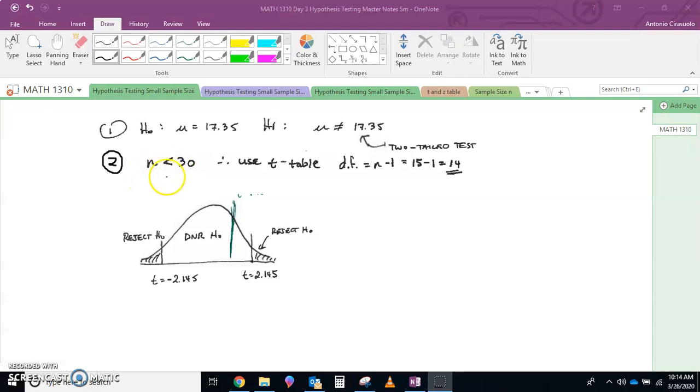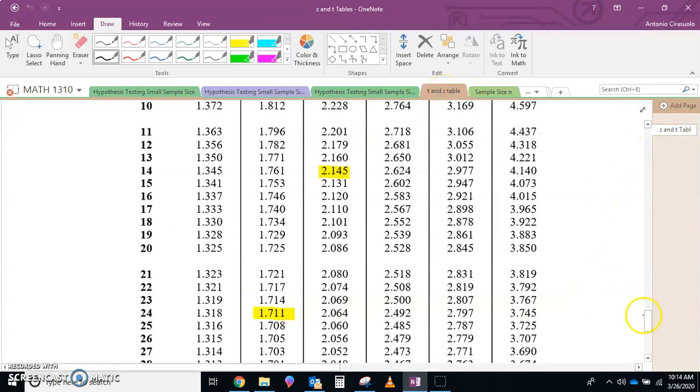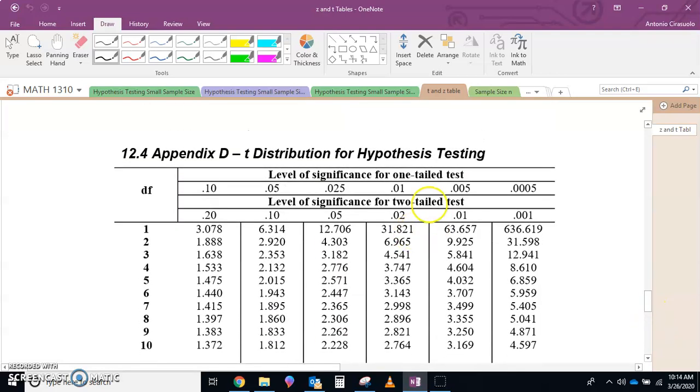Once again, t-table, we ask sample size less than 30, use the t-table, degrees of freedom equal 14. And it's a two-tail test, so I'm going to draw the two tails, and once again, it's a question of knowing where these two values come from. If we take a look at our table, is it one tail or two tail? It's two tail first, so that's the first step.